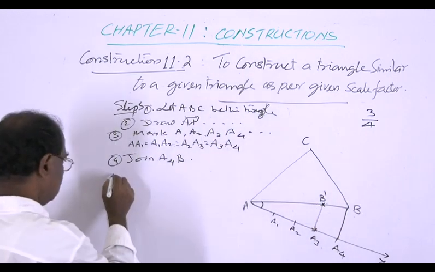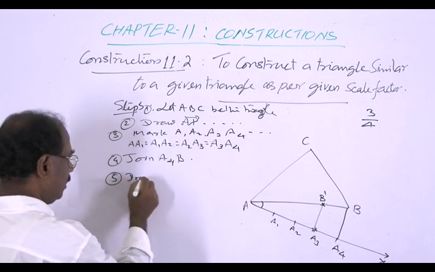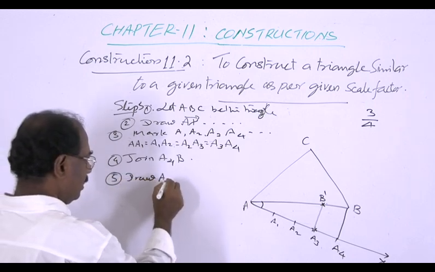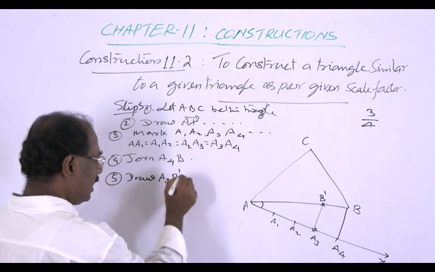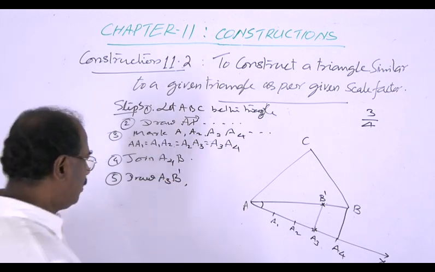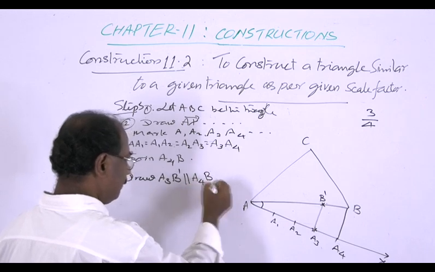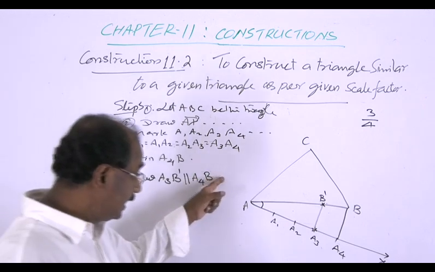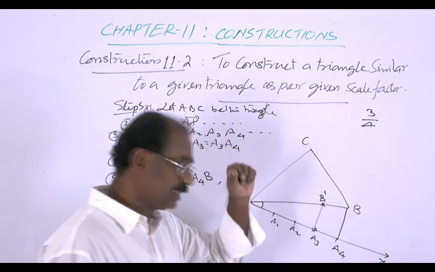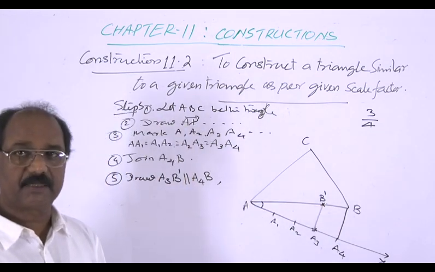So, next step, draw A3B dash parallel to A4B, meeting AB at B dash.